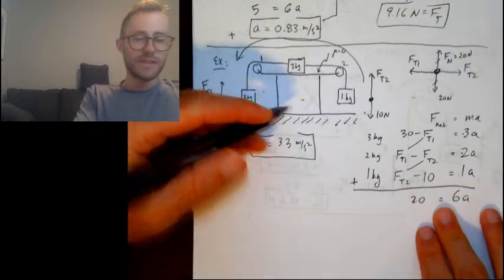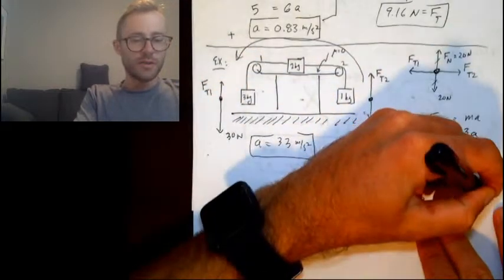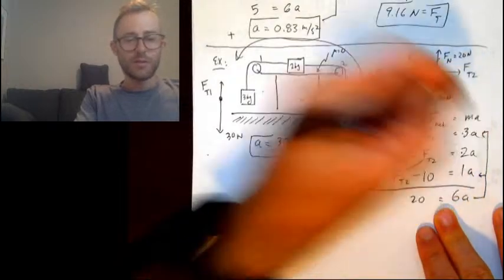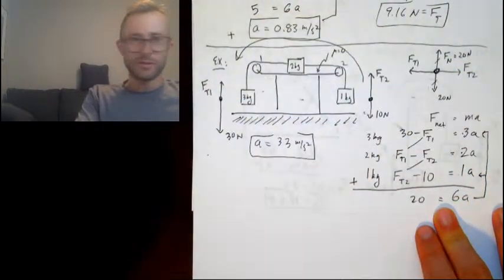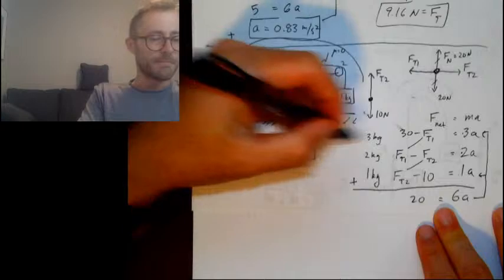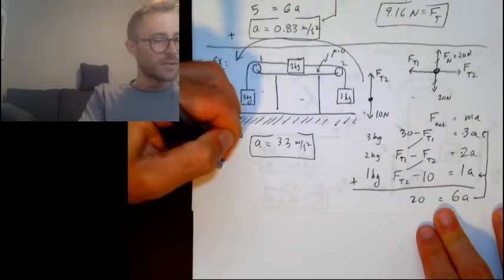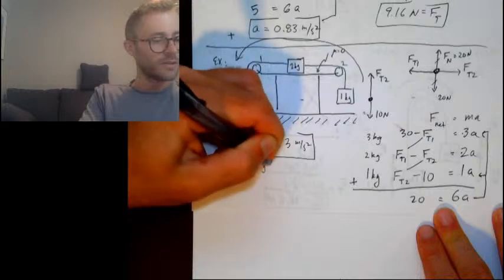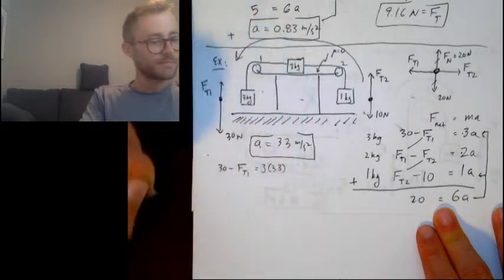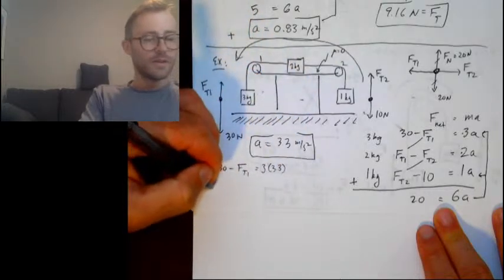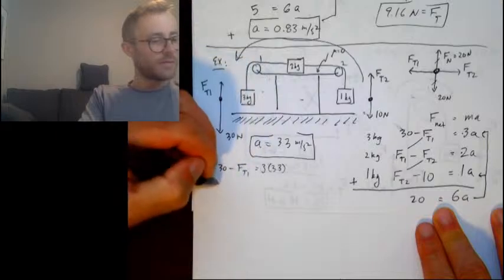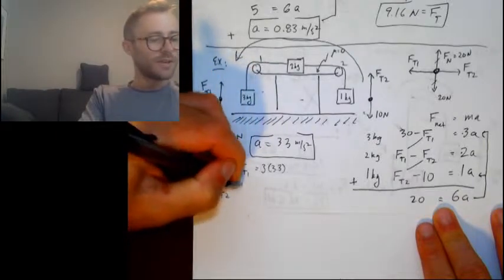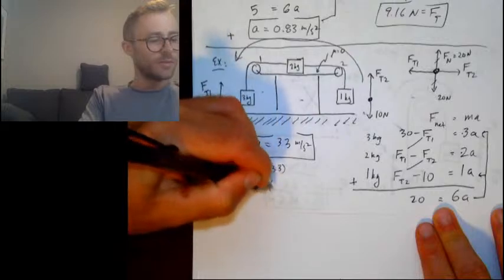Then if I want the tensions, I can plug them in to the equations. I would plug them into the top and the bottom equation. So for this 3 kilogram mass, I have 30 minus FT1 equals 3 times 3.3. And then for the other one, I have FT2 minus 10 equals 1 times 3.3.